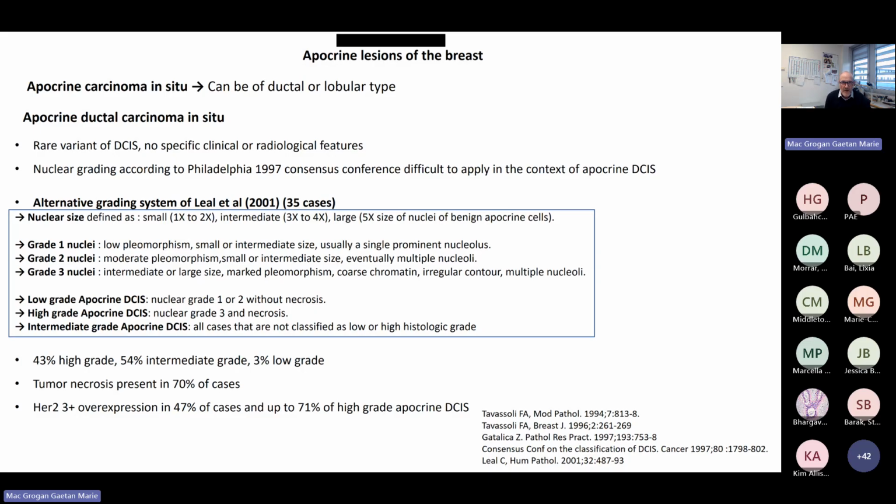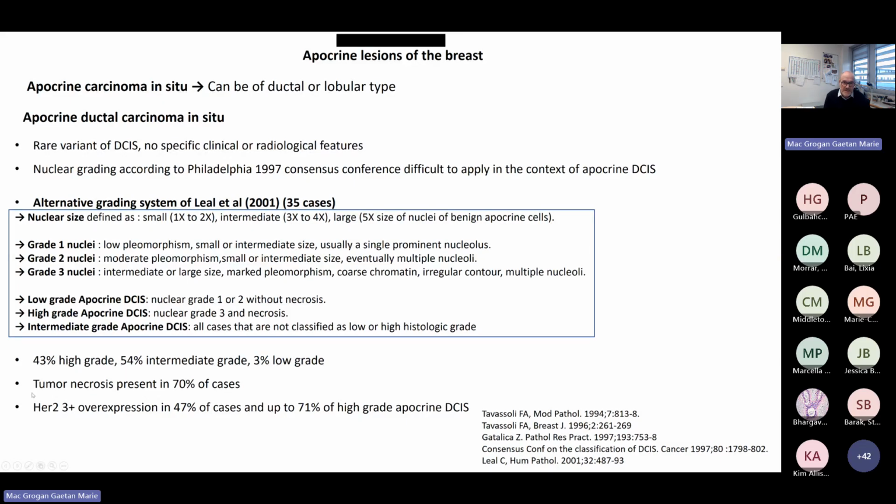In 2001, a group from Vanderbilt studied a series of 35 cases, and they devised a new grading system for apocrine lesions. In their series of 35 cases, they found that 43% had high-grade nuclear atypia, 54% were of intermediate grade, and 3% were of low grade.